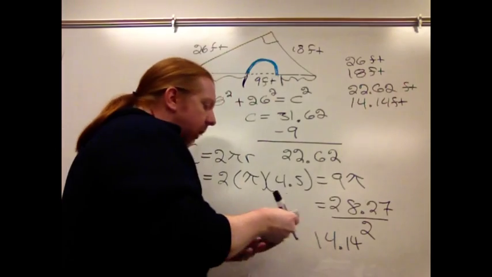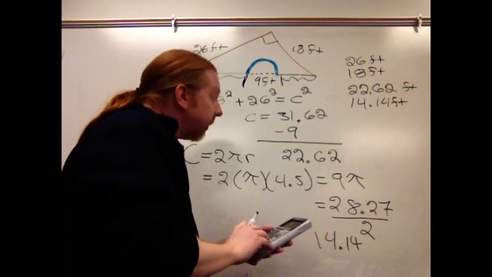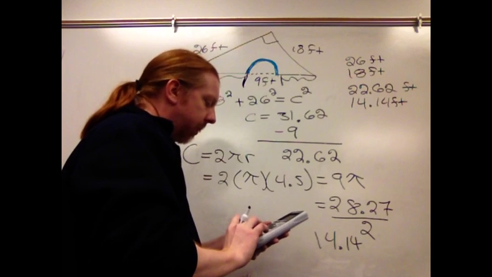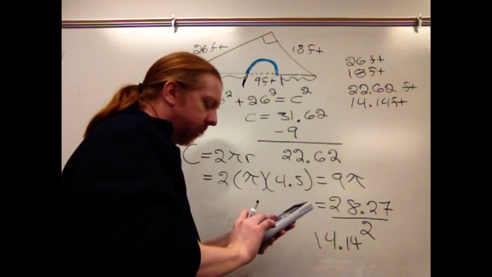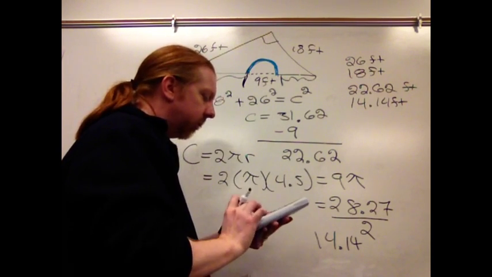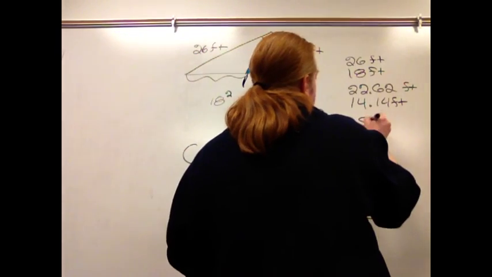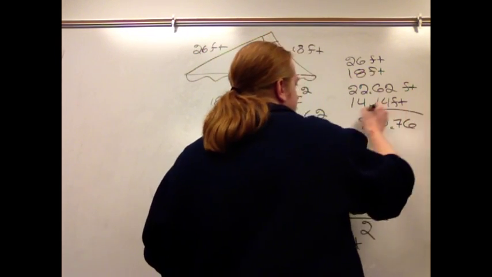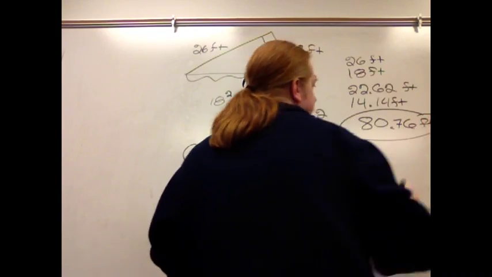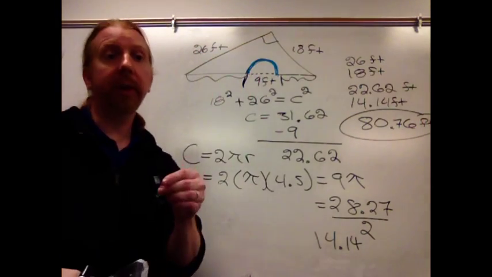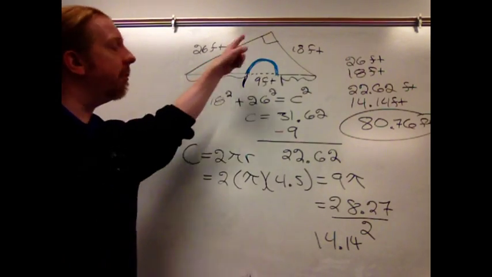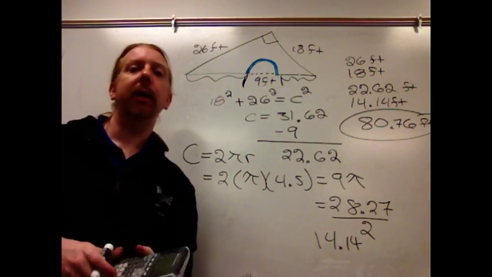If I add those all up, so 14.14 plus 22.62 plus 18 plus 26, my final answer is 80.76. That would be the full perimeter of this composite figure, the distance all the way around the shape, simply by finding all the sides I can find and adding them up.